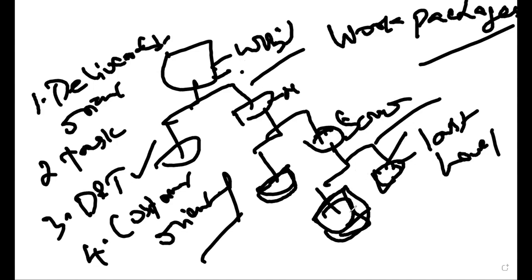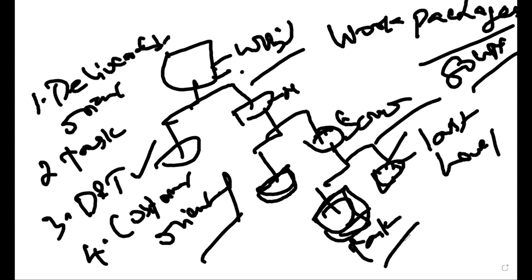Once you define your work packages, what is the next thing you have to do? Once the technical department comes up with 80 work packages, you will call your planning engineers to define the tasks, right?